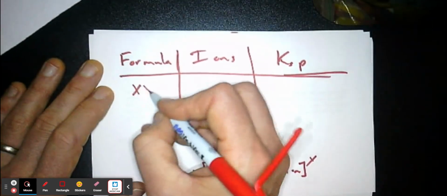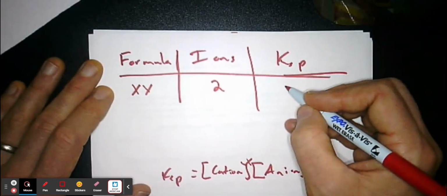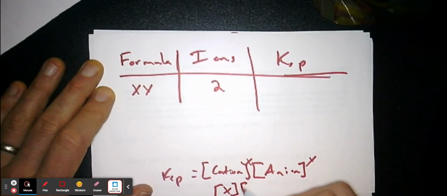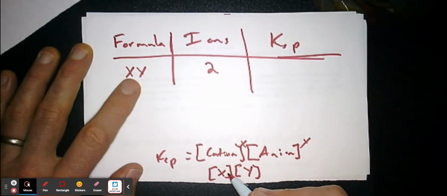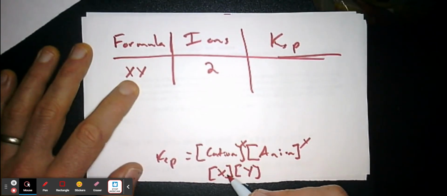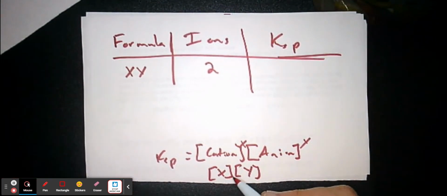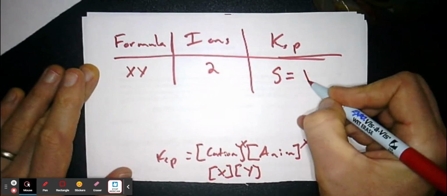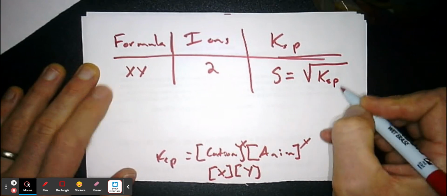If my formula is XY, I'm going to have two ions, and my Ksp is going to be equal to the concentration of X times the concentration of Y. These two things are going to be the same because however much of X dissolves is going to be however much Y dissolves.